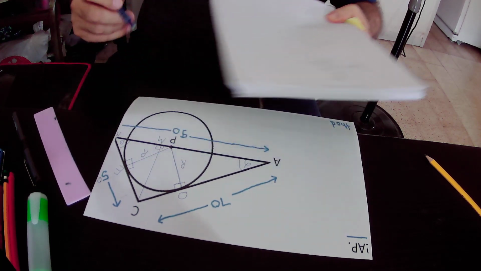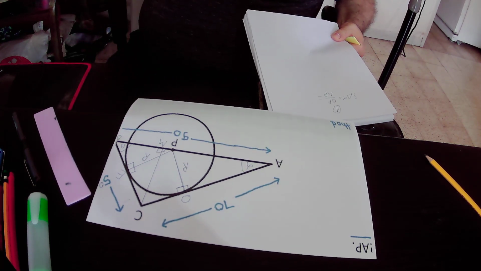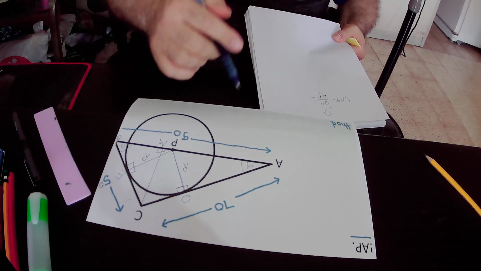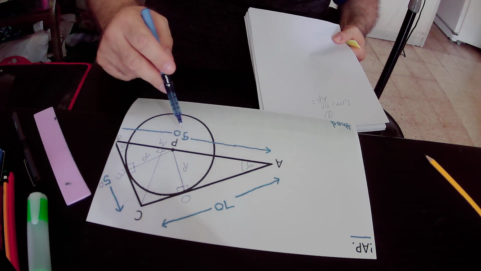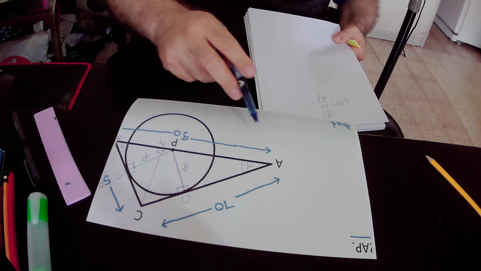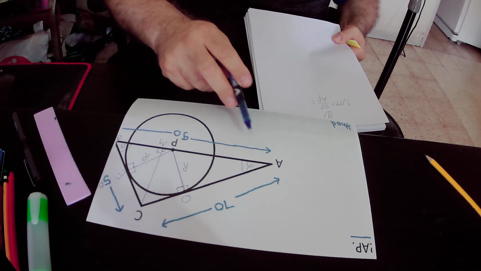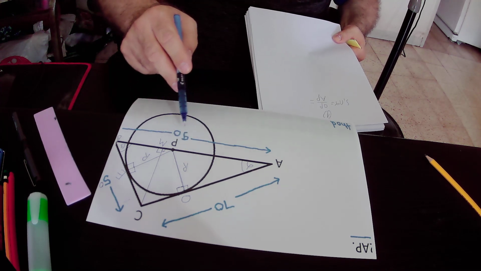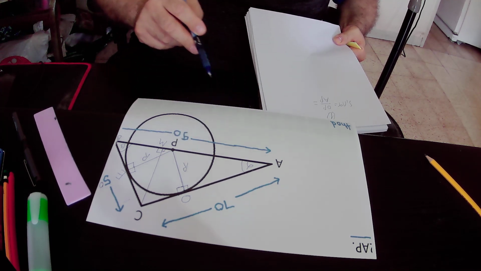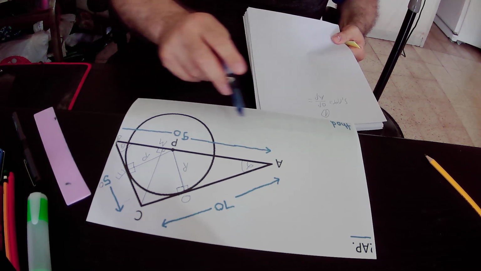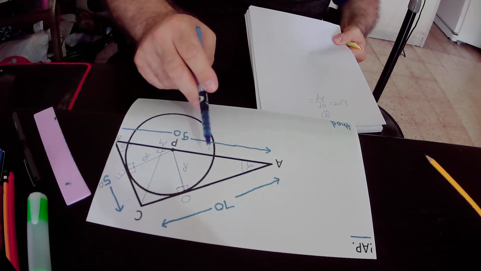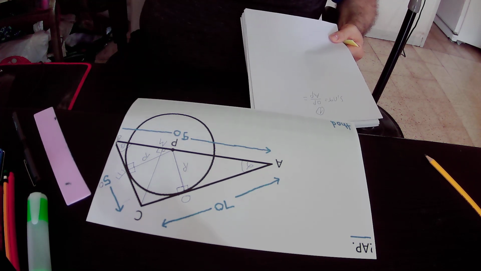When we look at the right triangle AOP, sinus alpha equals OP over AP, because AP is the hypotenuse of the triangle AOP.